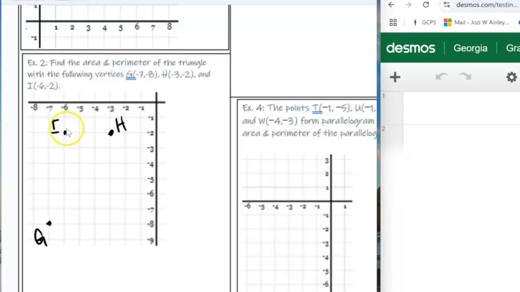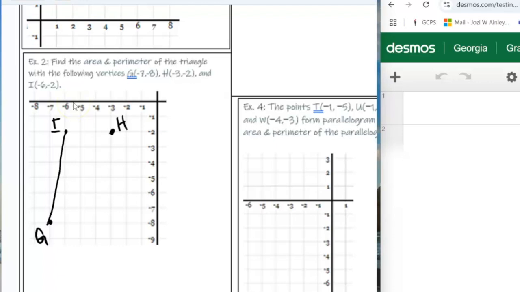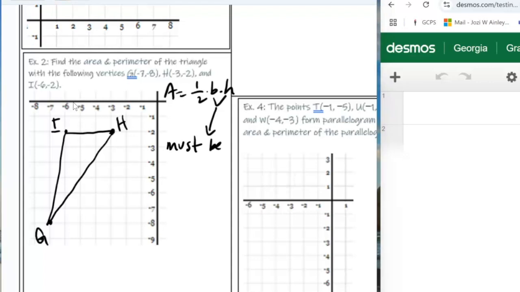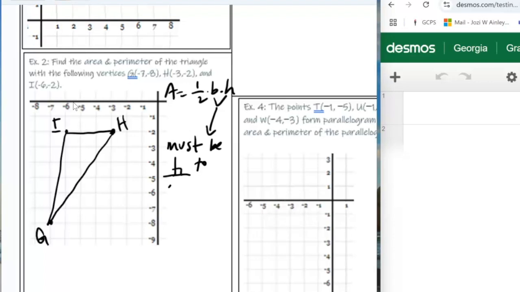Remember, to find the area of any triangle, the area is equal to 1/2 times the base times the height. The base and the height must be perpendicular to each other, or we can say they form a 90-degree angle.